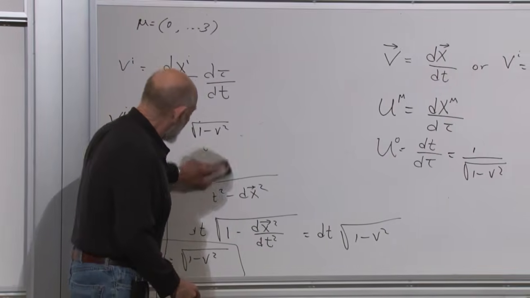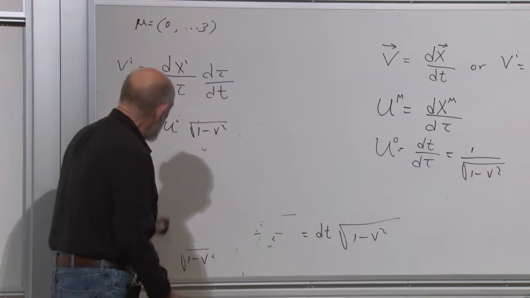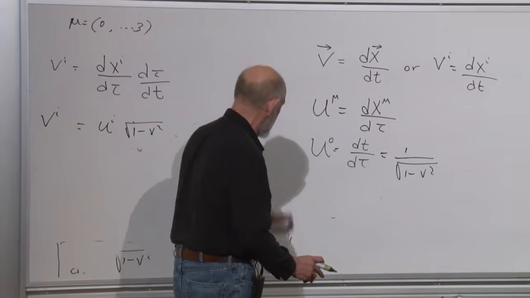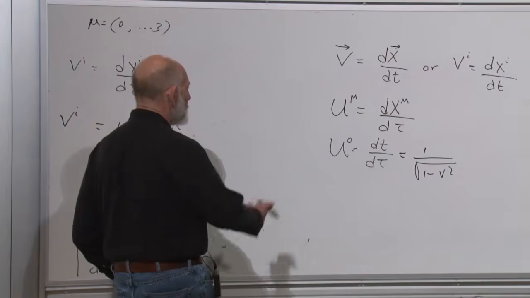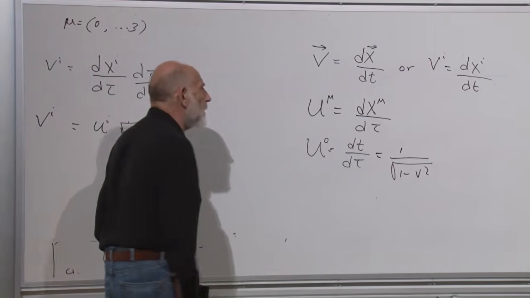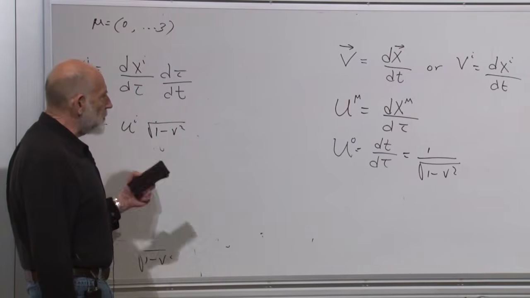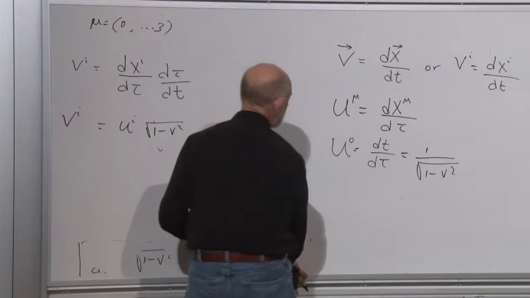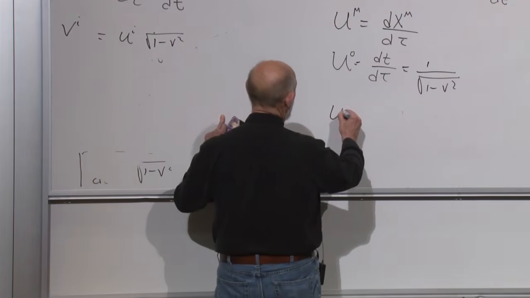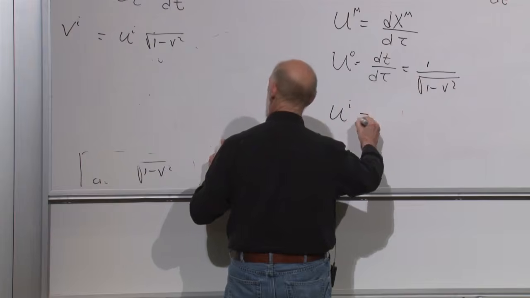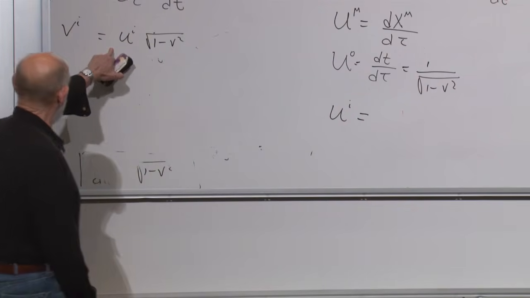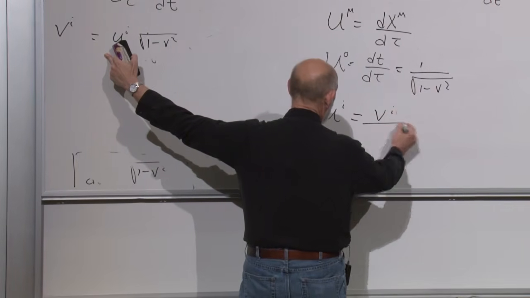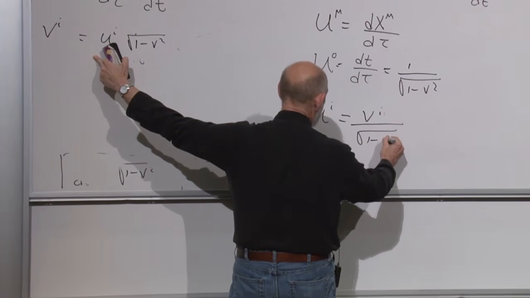So now we can assemble together the meaning of the four-velocity in terms of the normal velocity. First of all, u naught, the time component of the four-velocity, is just 1 over the square root of 1 minus v squared. What about the space component? u sub i, that we read off from here, is equal to v sub i divided by that same square root of 1 minus v squared.